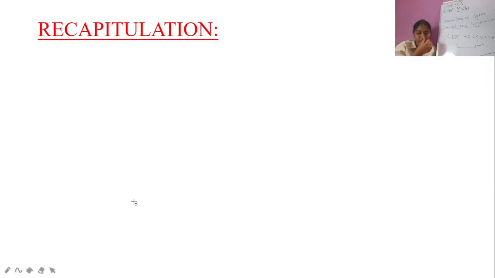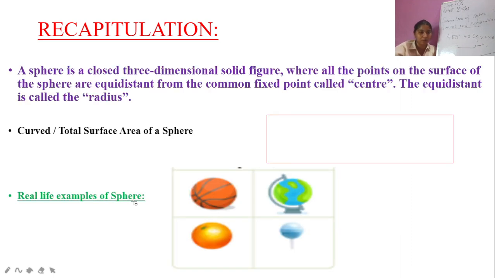So now students, let's recap what we have discussed today. Basically we have discussed a sphere, which is a 3-dimensional solid figure which has points on the surface that are equidistant from a common point, that is called the center. And that equidistance is the radius.